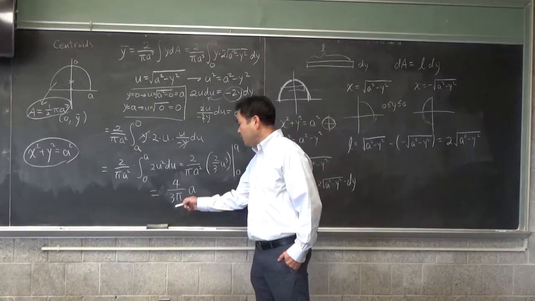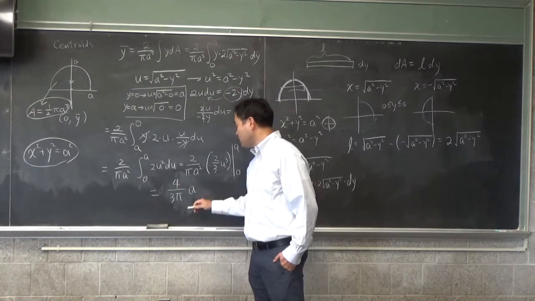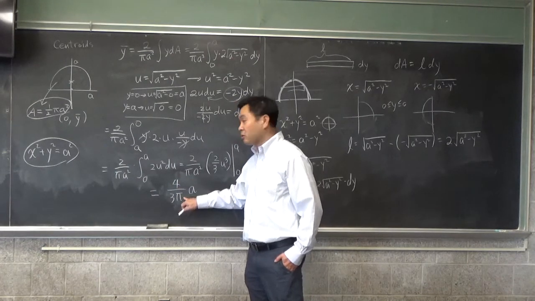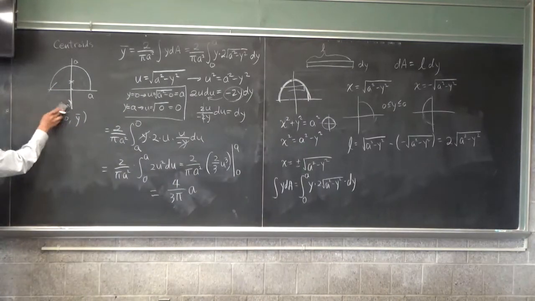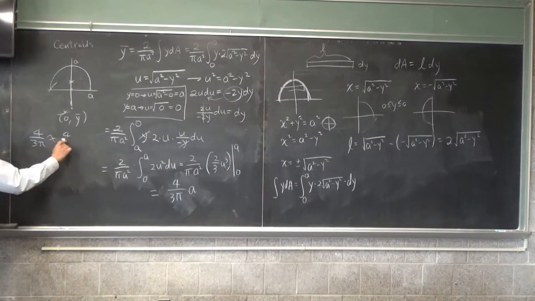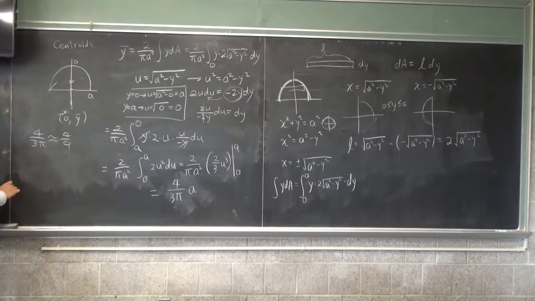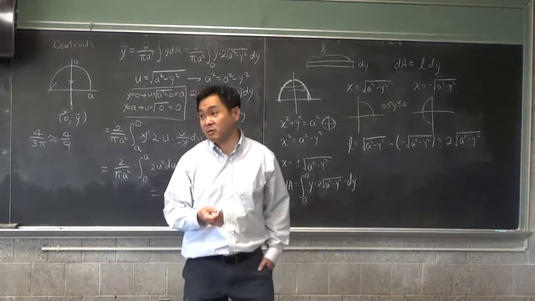And to get the idea of where this location is, pi is about 3, right? So here's what it means from the picture. 4 over 3 pi is about 4 over 9. And 4 over 9 is indeed less than 1/2, as we expected.